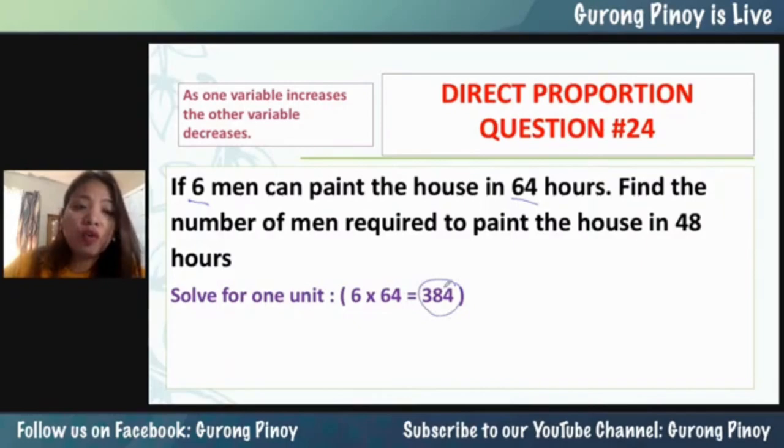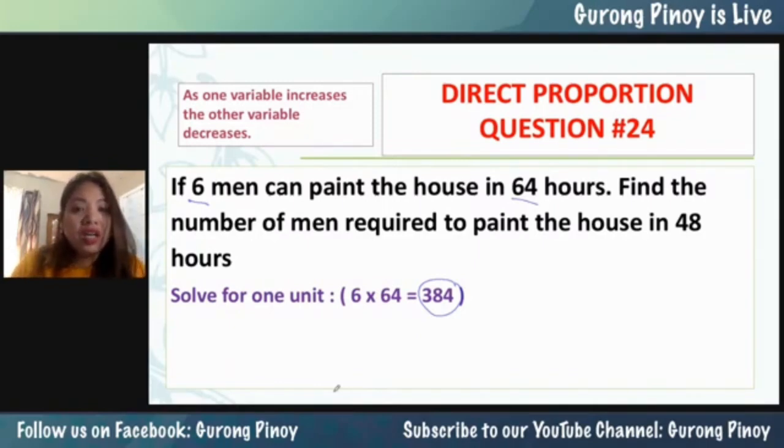You can say that for one man, he needs 384 hours to do the job, or we need 384 men to do it in 1 hour. That is the 1 unit we are talking about. So it can be in regards to men, or in regards to hours.